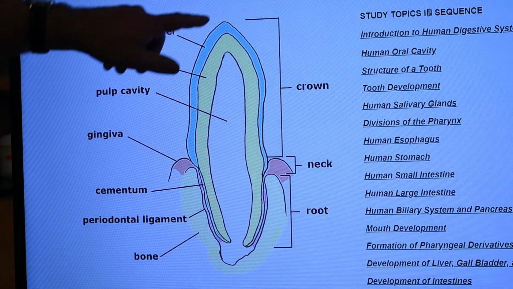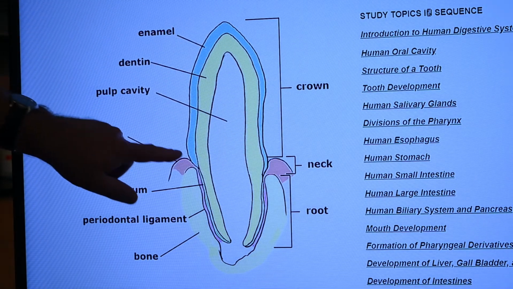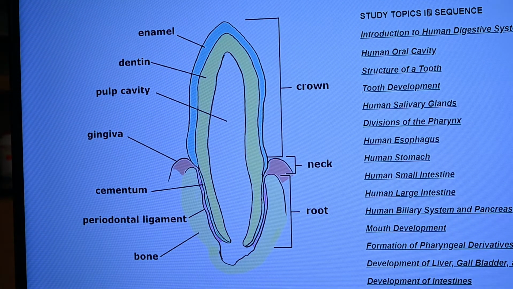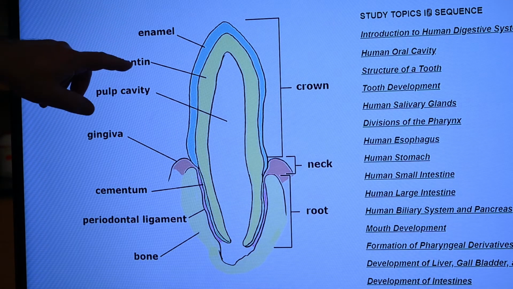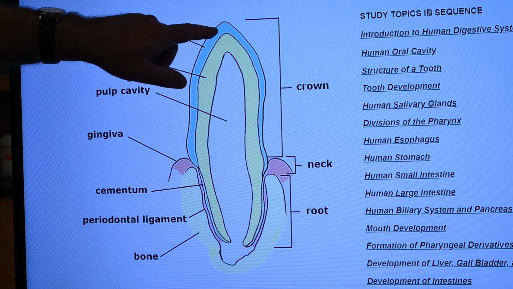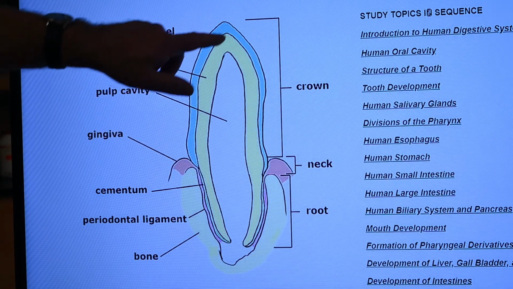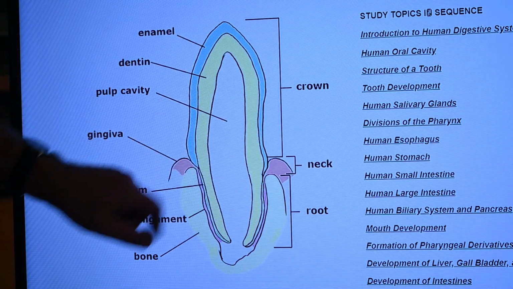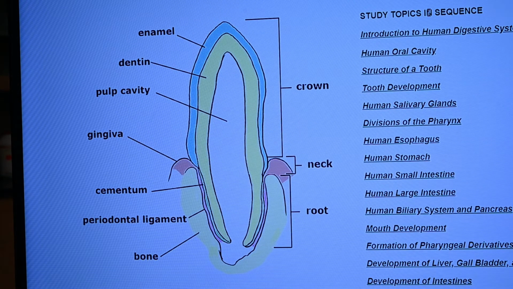The covering on the outside is the enamel, the blue layer we have right here, very hard material, as we know, the outer covering of the tooth. Below that is a layer of dentin in yellow, seen here.